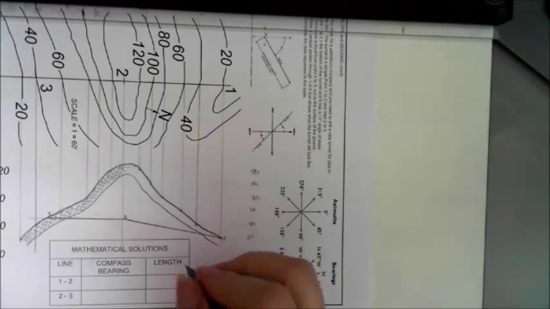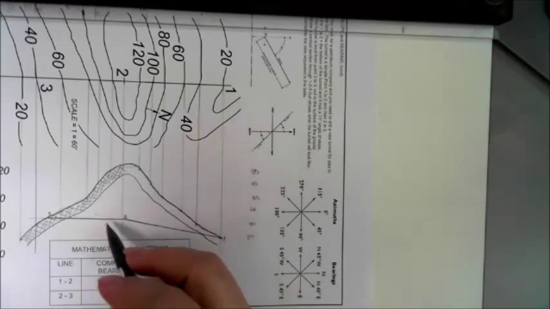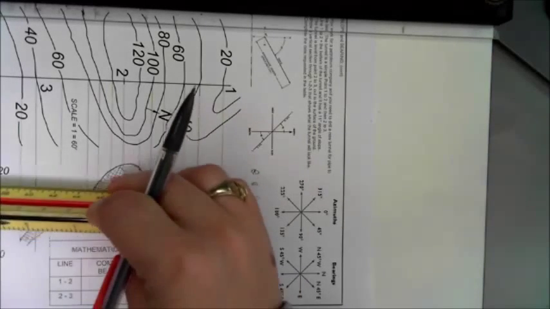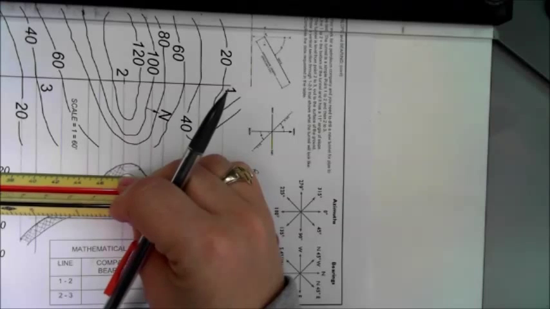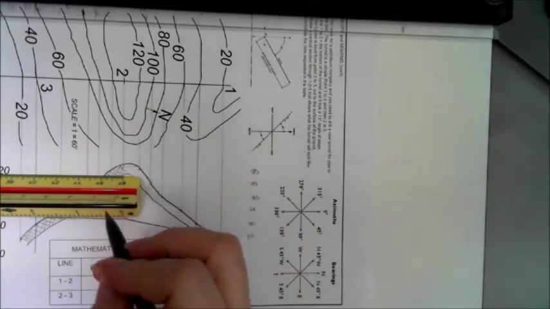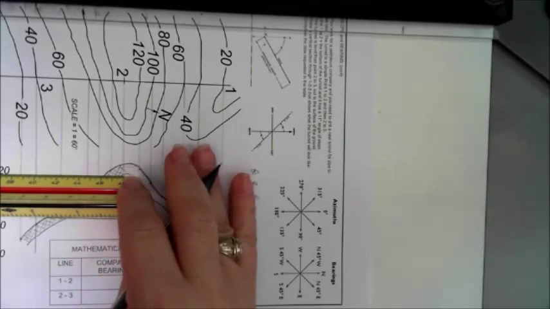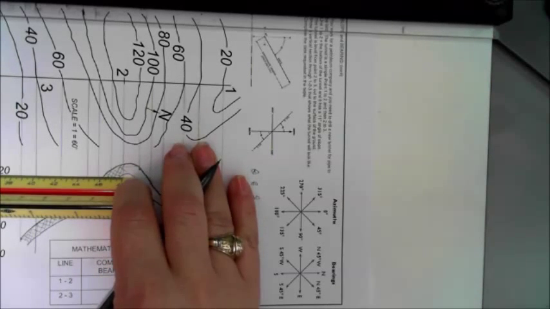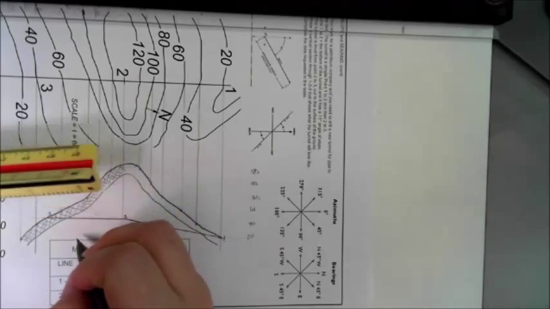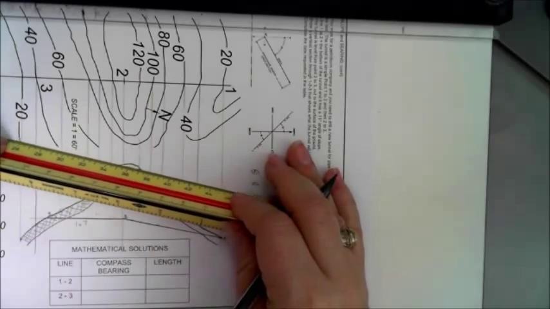Okay, now one of the things that it asks you for down here is to find the length. So let's actually measure it. And just write it down and record what we have here. So I see the distance from here is 1.5, 6, 7. So from there to there, 1 to 2 to 3 is 1.7.